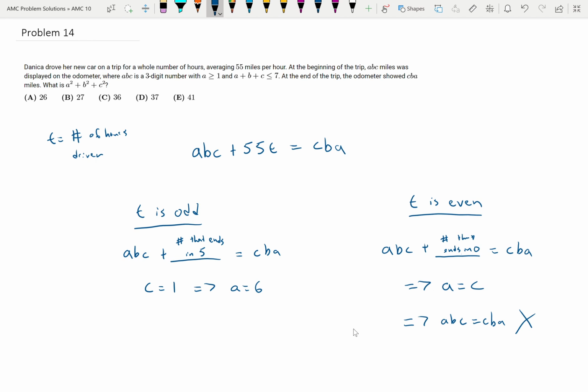And that actually holds true all the way up to where C equals 5. Let's say C equals 5. Well, then we're going to add 5 to that. A's got to be 0. That doesn't make sense because we're told that A is greater than or equal to 1, so that won't work.